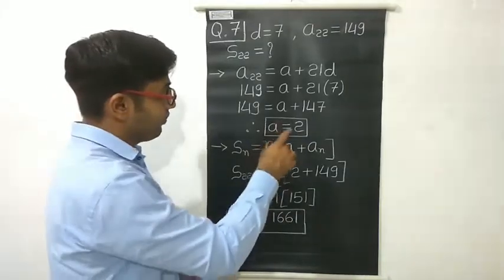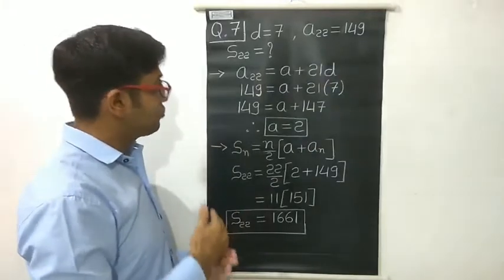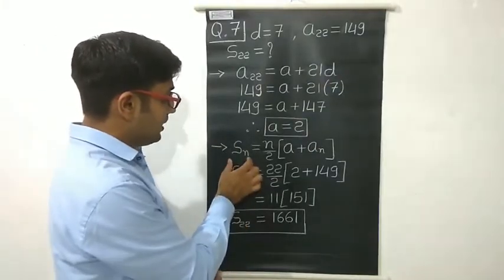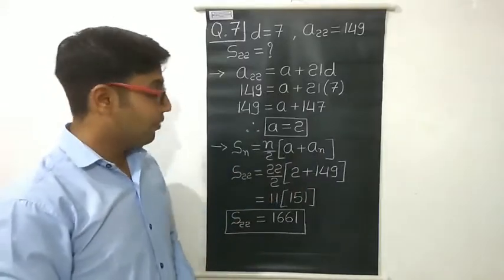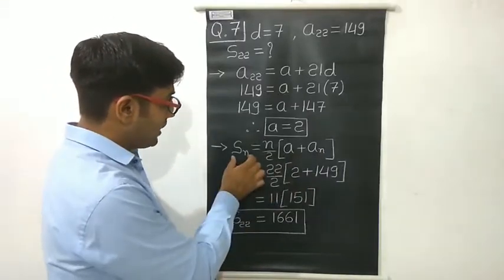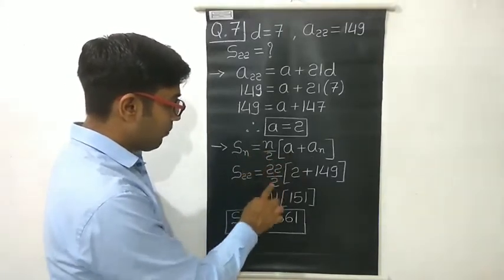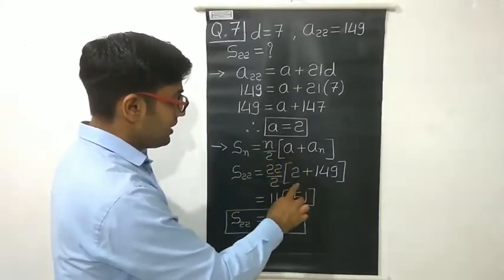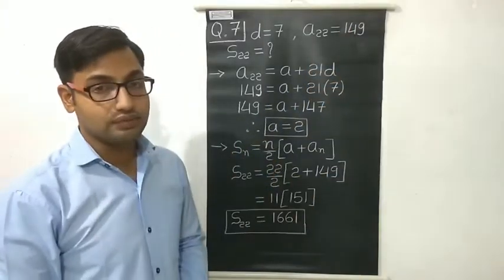Now we have the value of the first term, the value of the last term, and the value of n. So we can use now this formula Sn is equal to n by 2 into a plus An. Now put in all the values. We will get S22 is equal to 22 upon 2 in the bracket, a is equal to 2 and a22 is equal to 149.